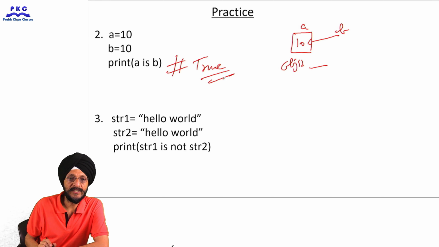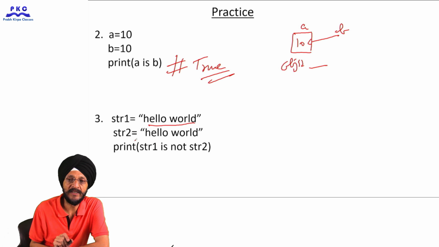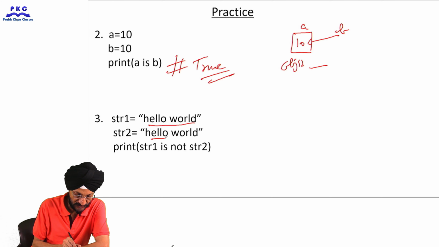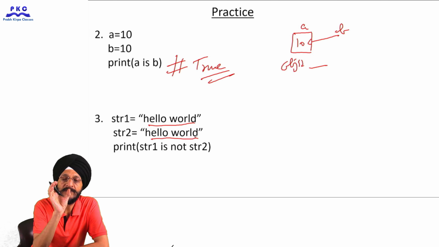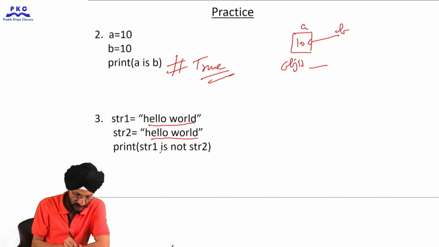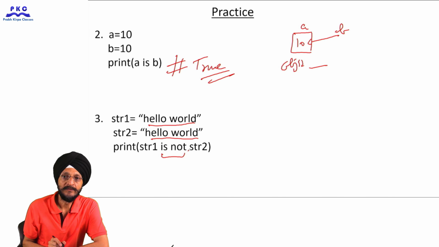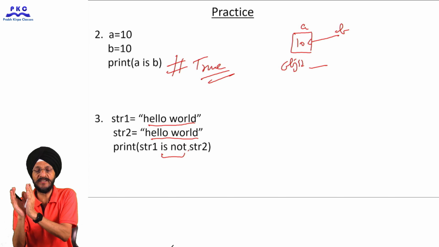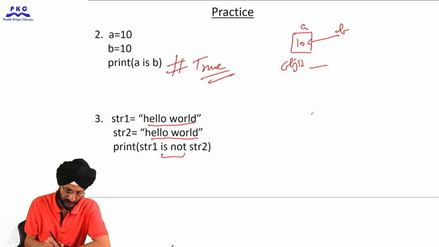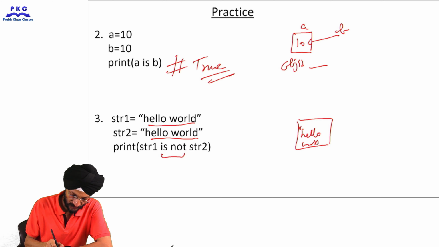Now the another question is str1, and here it is a string given, hello world. Another string has been created, str2, with the same text hello world. Now the is not operator has been used to find out whether str1 and str2 refer to the same object in memory. Here it is hello world.